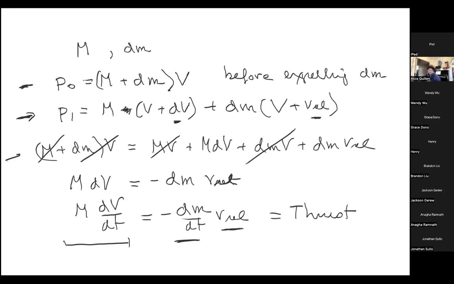I put this equation in, calculated some terms, and then you can find the force on the rocket, which is m dv/dt, has to equal the thrust coming from the propellant. Okay, good. It's actually good to get interrupted, I appreciate it.